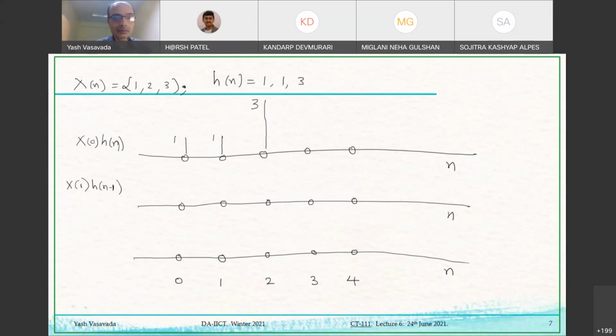One unit delay, 1, 1, 3, except one unit delay is correct, but what happened to this x of 1? Magnitude gets doubled. Times 2, so it will be 2, 2, 6. I don't have enough vertical space, but you have to imagine that these vertical lines I'm drawing are twice as big.